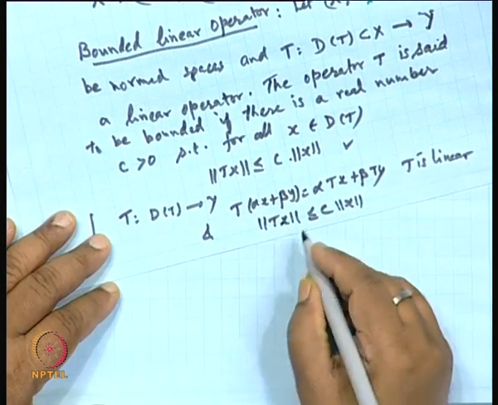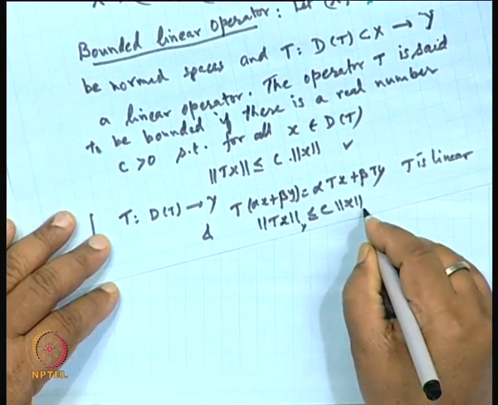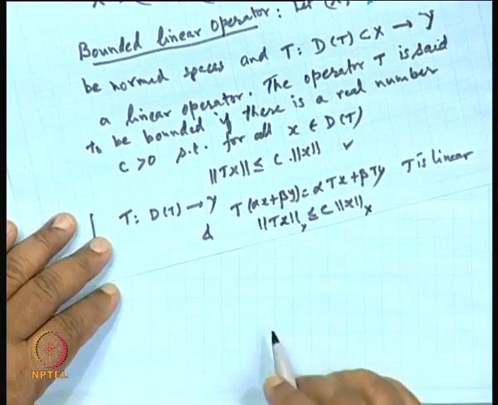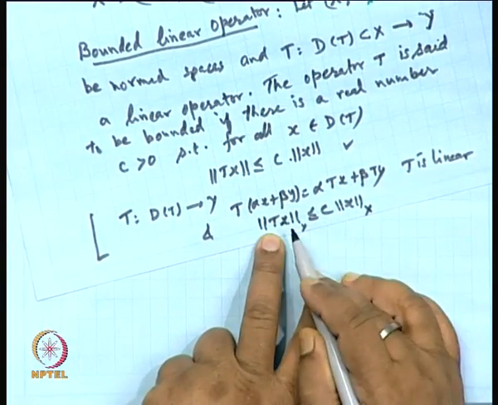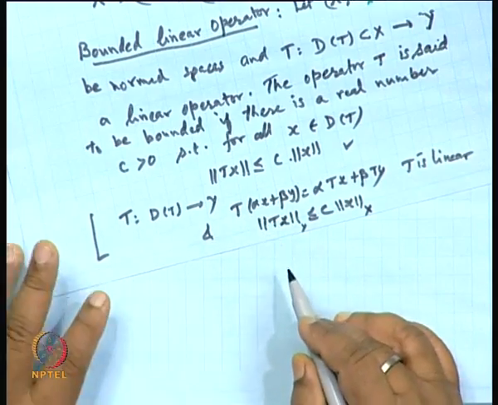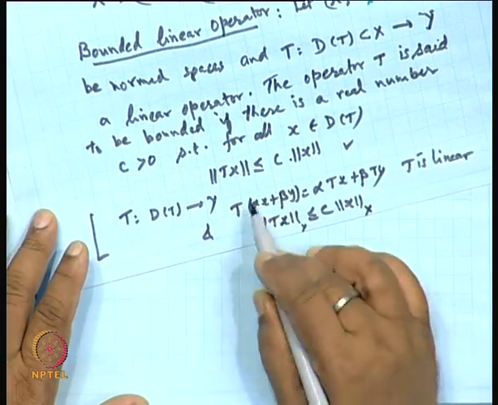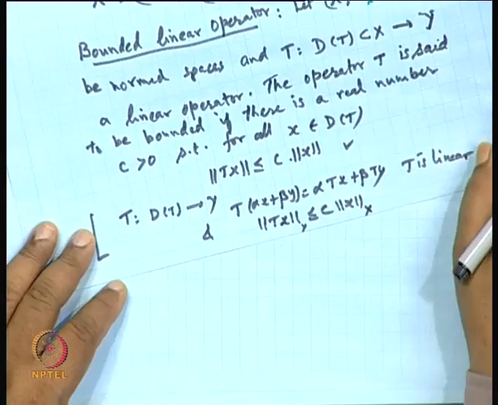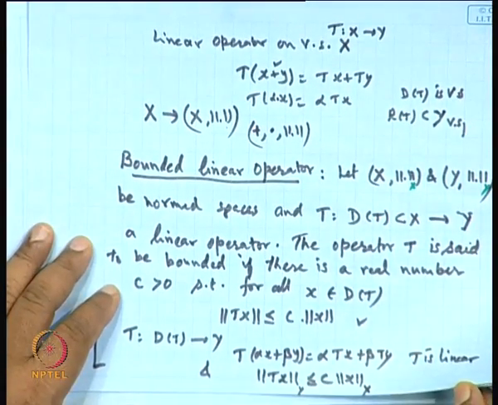Here this is the norm on Y and this is the norm on X. So, this gives the relation between the norms and the operator also. An operator which satisfies these conditions we call a bounded linear operator.